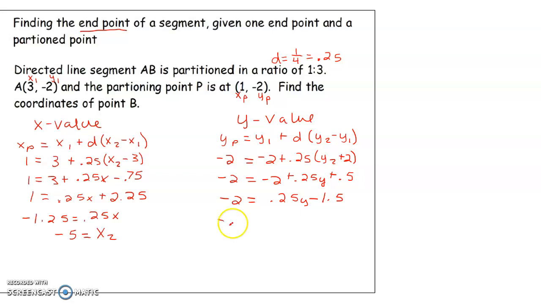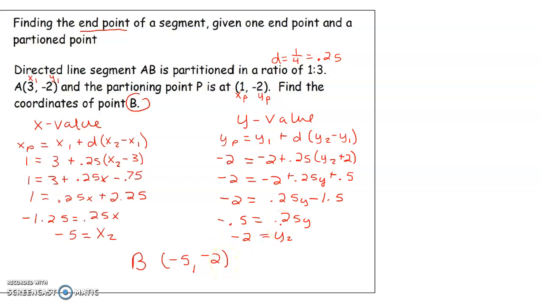You get a negative 0.5 equals 0.25y. Divide by 0.25 on both sides. A negative 2 equals my second y value. So then now I was looking for point B, and I know that B is going to be at negative 5, negative 2.